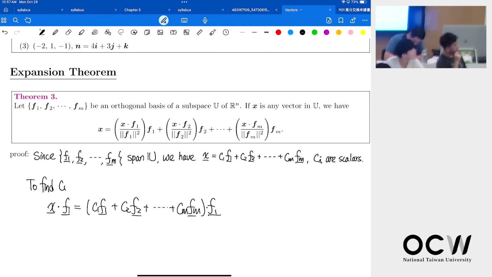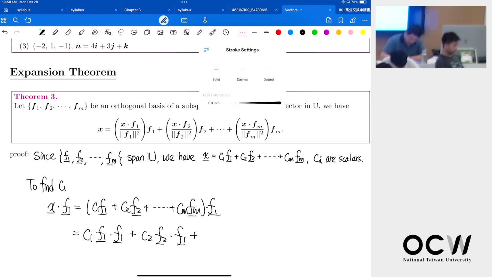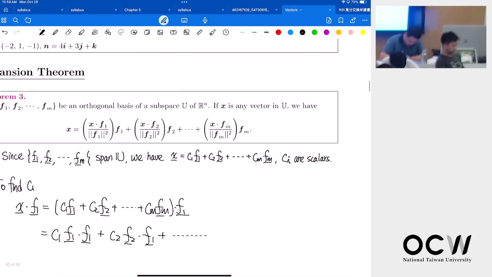So I get C1 F1 dot F1, C2 F2 dot F1, and so on to Cm Fm dot F1.